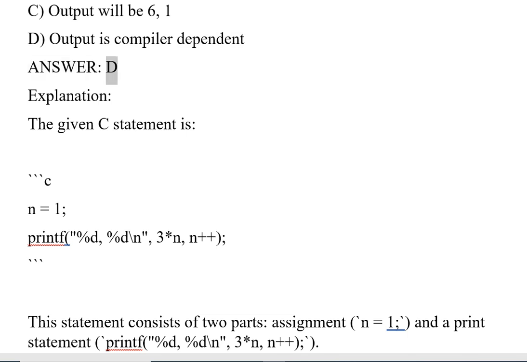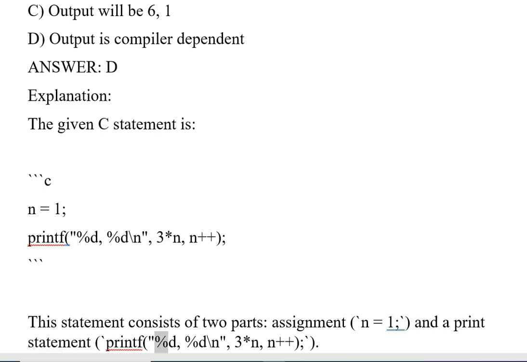Answer, D. Explanation. The given C statement is n = 1; printf("%d, %d\n", 3*n, n++); This statement consists of two parts, an assignment, n = 1, and a print statement.